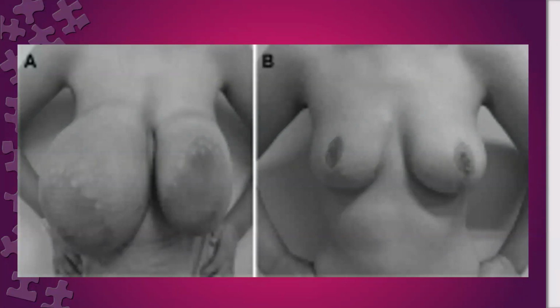This is not a mammography. What do you expect? What do you see? The right is larger than the left, so there is asymmetry in size. In which image? In image A.